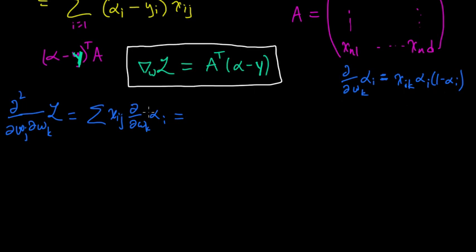So that was the thing that we got. And so here, this derivative is the sum over I from 1 to n of xij, xik, alpha I, 1 minus alpha I. And now if you know your quadratic forms, it might pop out to you that this looks like a quadratic form.